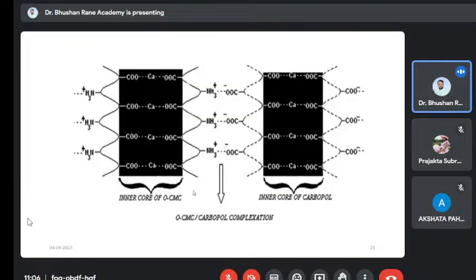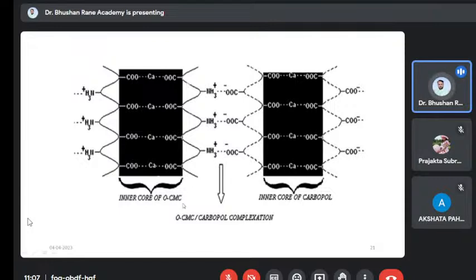And here, whenever we prepare some dosage form, such as graphene nanocomposite molecules, ceramic nanocomposite molecules, carbon nanocomposite molecules, or, in the example I displayed here, O-carboxymethyl chitosan and carbopol, both are interacted with each other. This is the inner core of carboxymethyl chitosan and this is the inner core of carbopol.